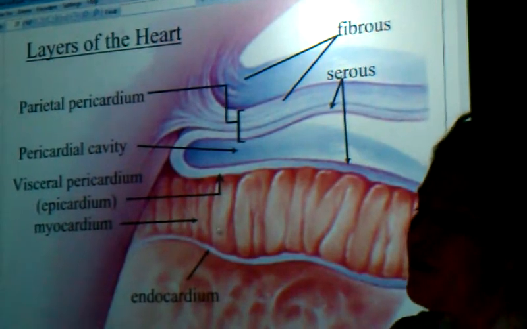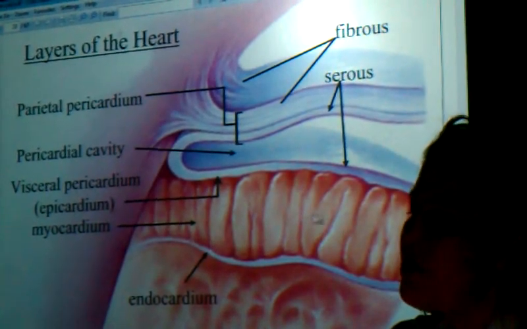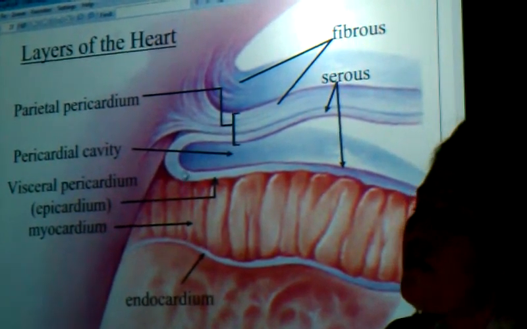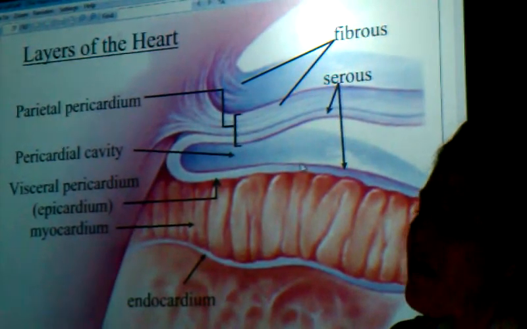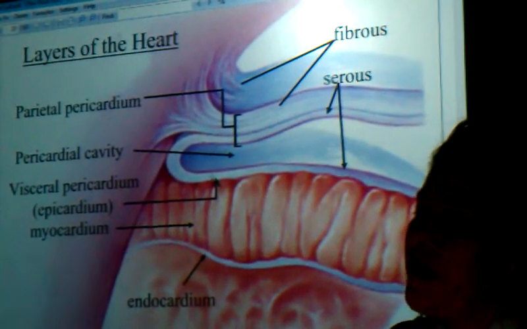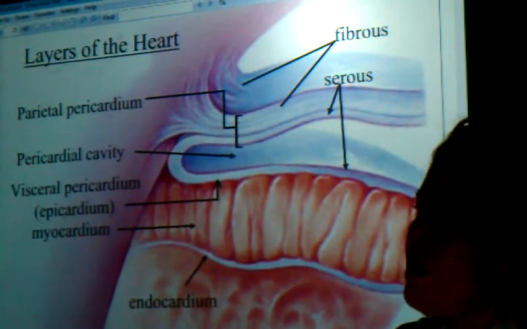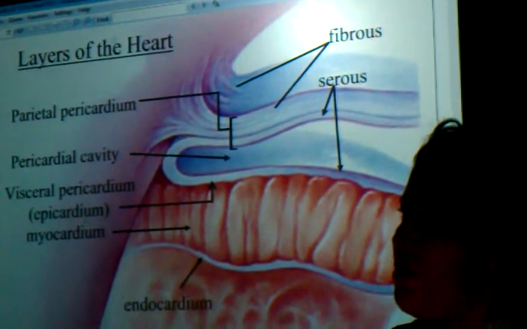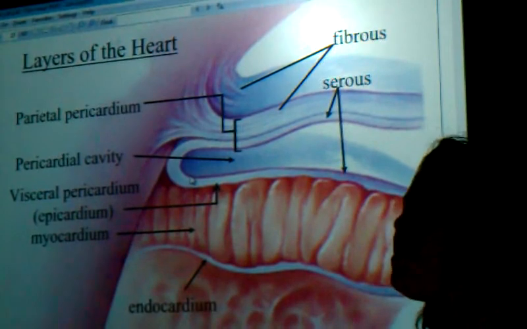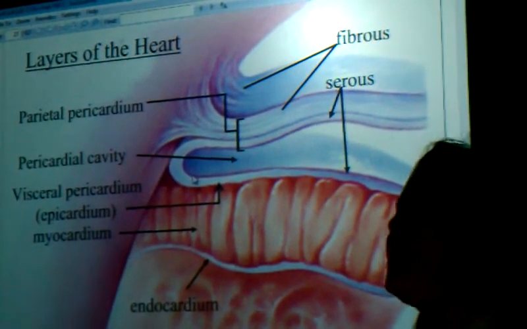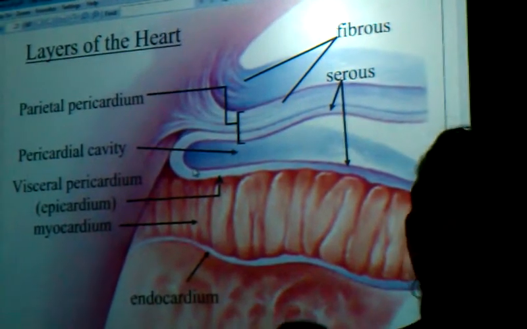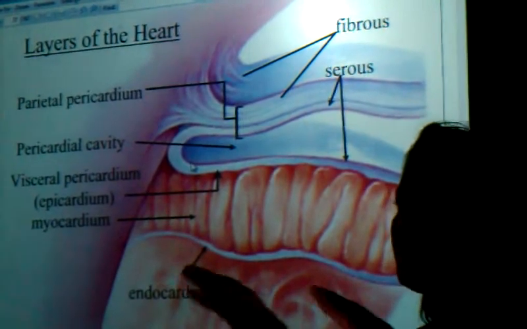And then we have the middle layer, which is the cardiac muscle tissue. And then outside of that cardiac muscle tissue, the outer layer of the heart wall is going to be called the epicardium.